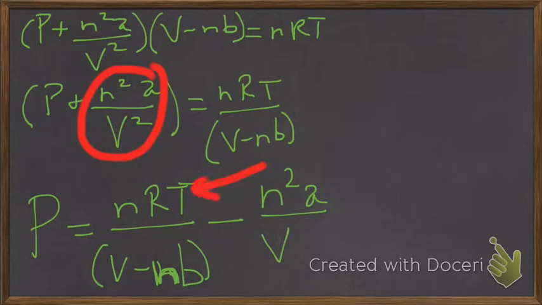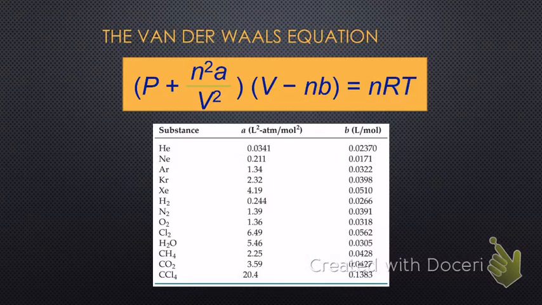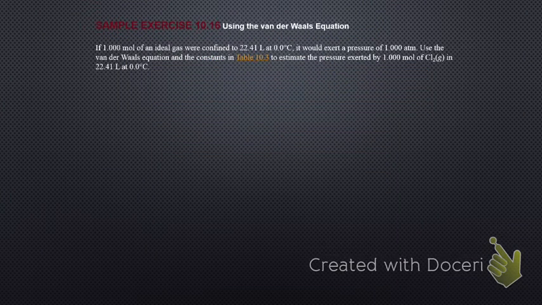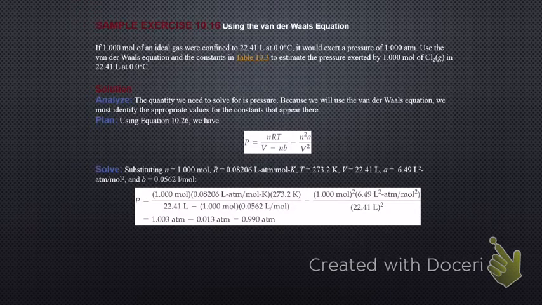T and the V, those were given to you in the question. So let's go ahead and look at this. As I mentioned before, we're just going to be plugging and chugging.